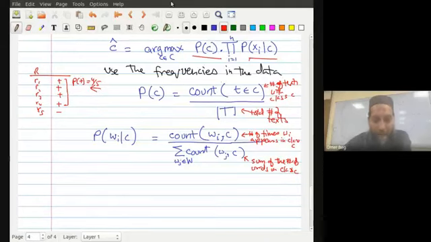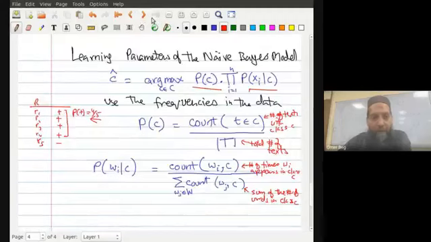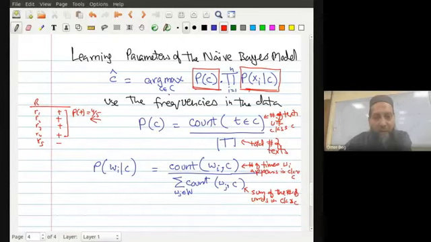Okay? So these are the two important things that we need to estimate. And these are the parameters of the model. The parameters of the model are these things that appear in the equation, and we need to learn these parameters so that we are able to use them for unseen text.